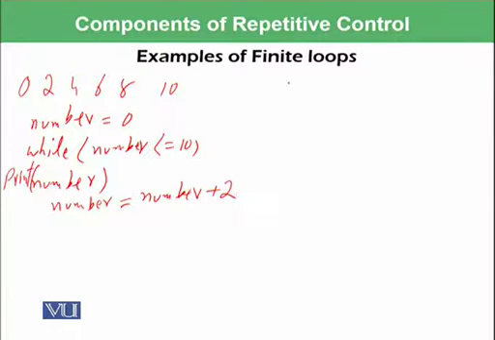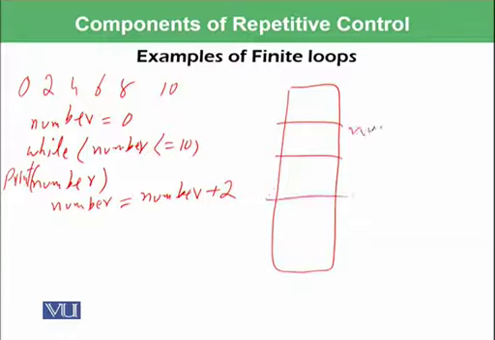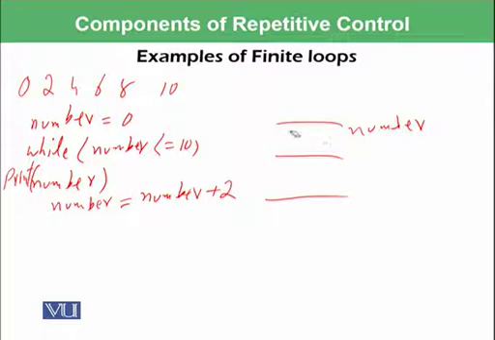So you can see that in RAM the number has the value 0 initially and then it will be incremented by 2. So next time it will have 2, it will print 2, then it will print 4, 6, 8, 10, and when this number is 12, then this loop will be terminated.